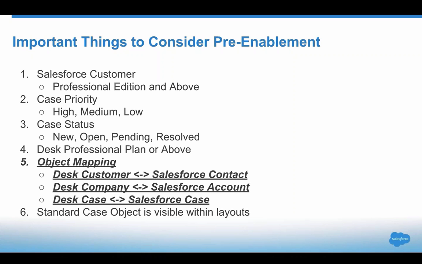In Desk, we call Salesforce accounts companies. So when you create a company in Desk, those get synced over to Salesforce as accounts. And for contacts, we actually use the email address as the unique identifier, and also the phone number to match the contact record in Salesforce. And lastly, for the account, we just use the exact account name to match.